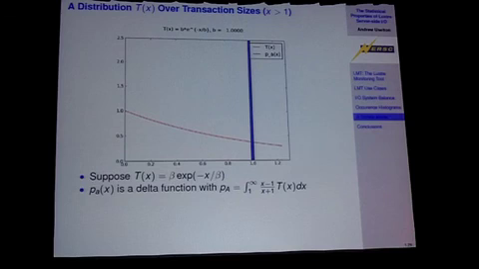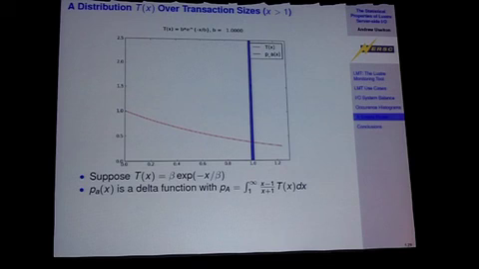Here now is p sub a as a function of x. For transactions coming in given by this distribution, what is the probability of an observation at x for case 1, the p sub a? It's given by this expression.